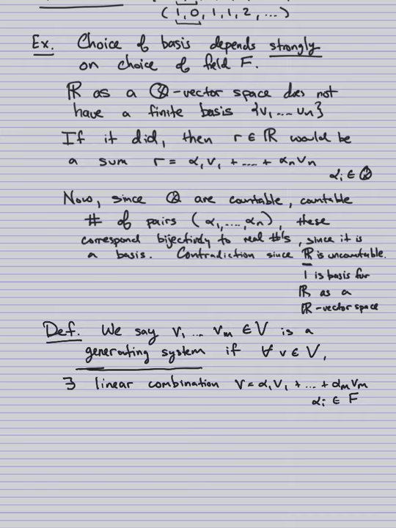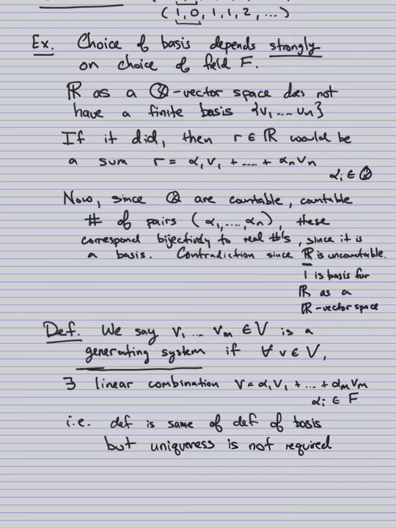Okay, so notice it's exactly saying, i.e., the definition is same as the definition of a basis, but uniqueness is not required. Okay, so you can still get to any vector.